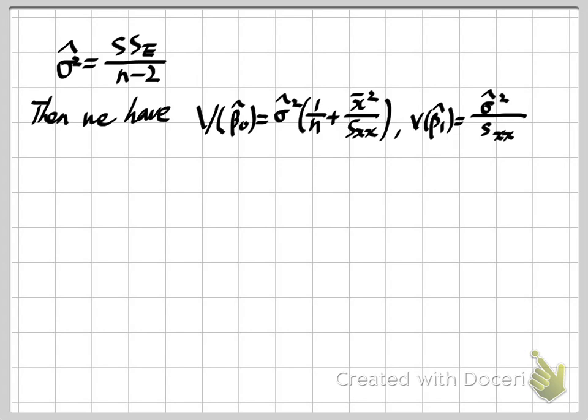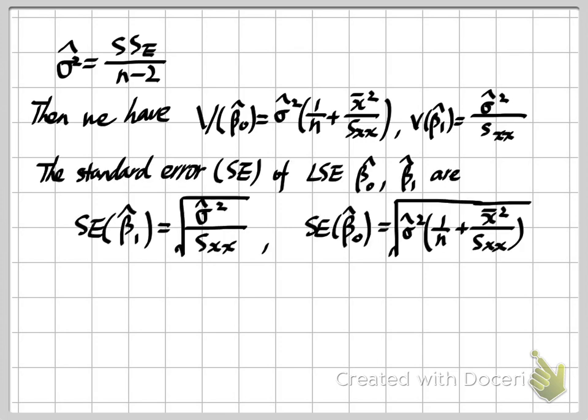The next thing is, if we have the variance, of course we can talk about the standard error of beta 0 and beta 1. The standard error is similar to the standard deviation; it is just the square root of the variance. That's why we have the standard errors of beta 0 hat and beta 1 hat as these two equations.